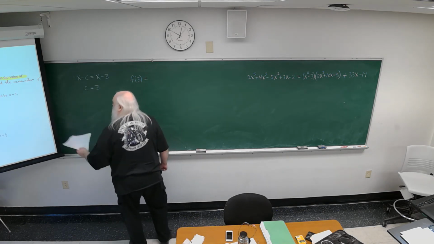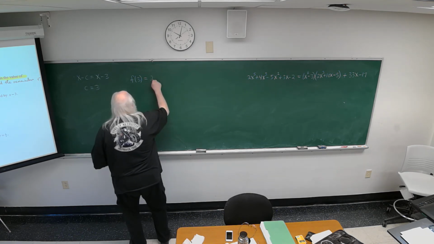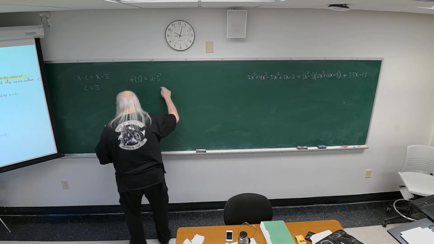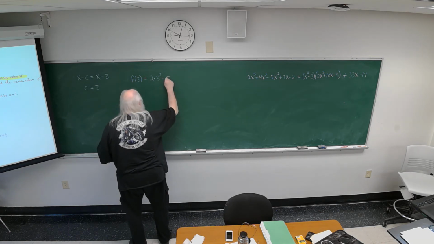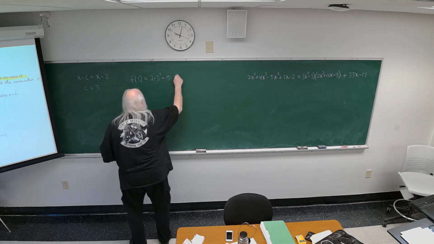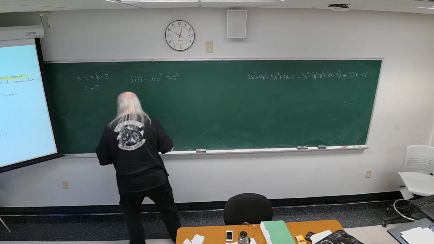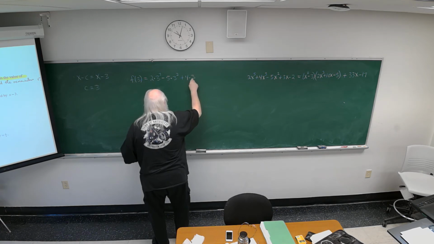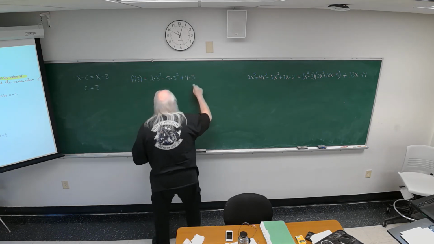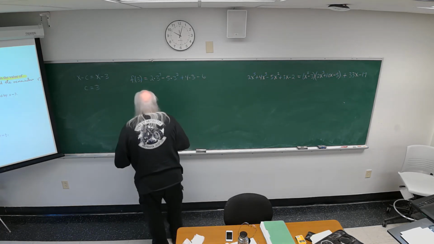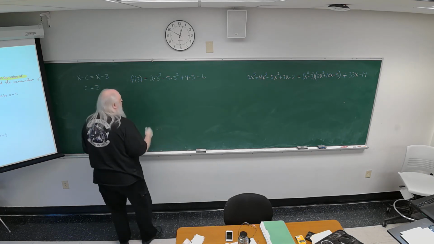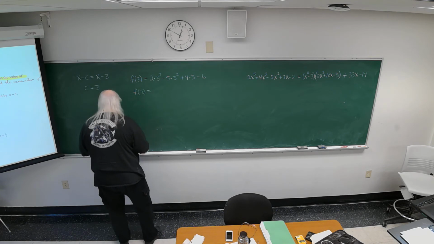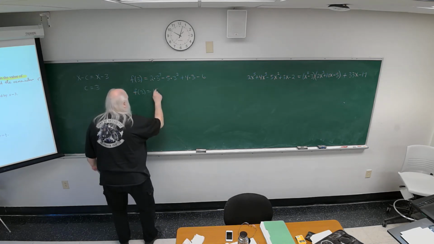So when we plug in 3 for x, we have 2 times 3 cubed minus 5 times 3 squared plus 4 times 3 minus 6. When you do the order of operations, you get 15.